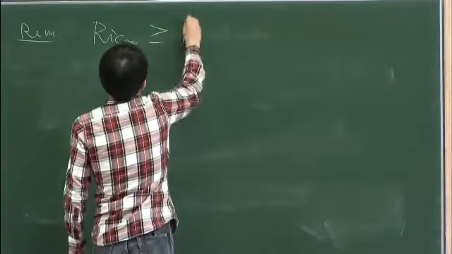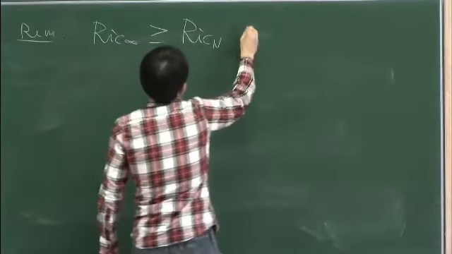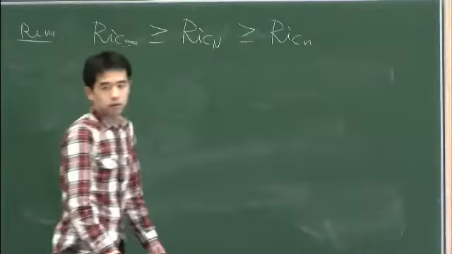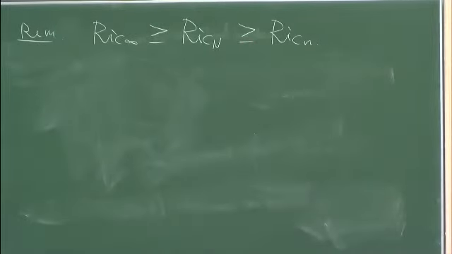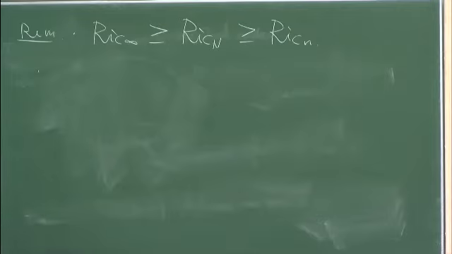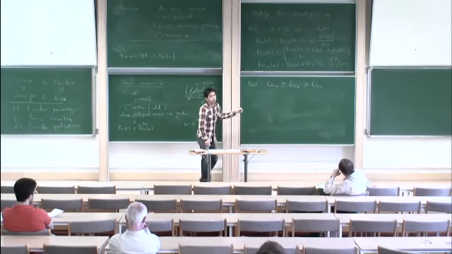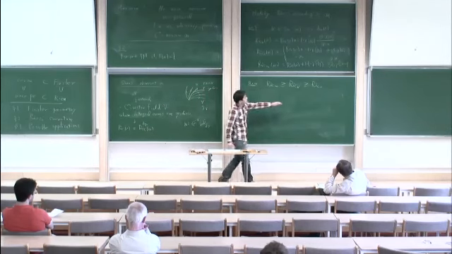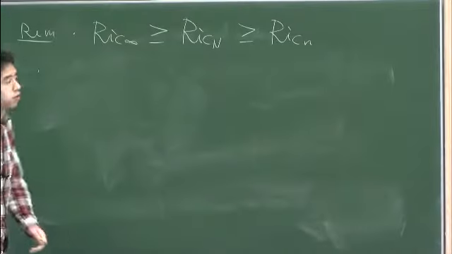It's larger than each capital N and it's larger than each small n. This is always true. And we will consider lower bounds of Ricci curvature. So bounding Ricci infinity is easiest, and bounding Ricci small n is most difficult.